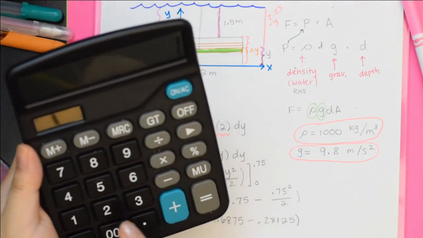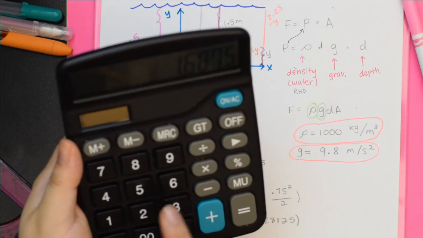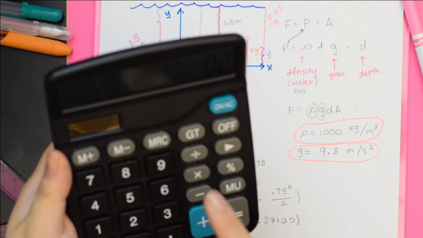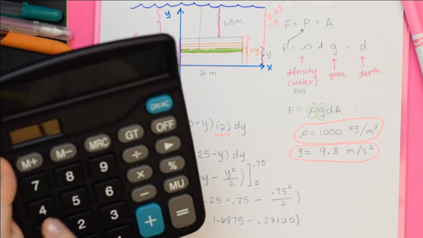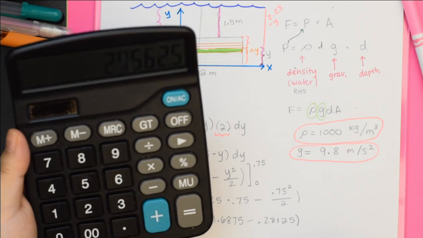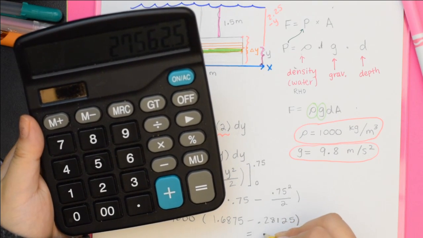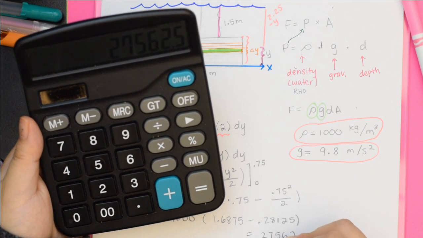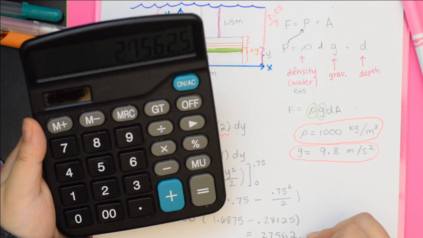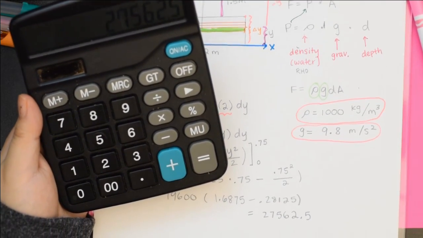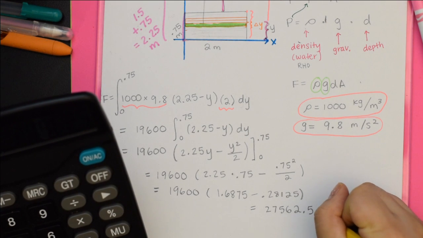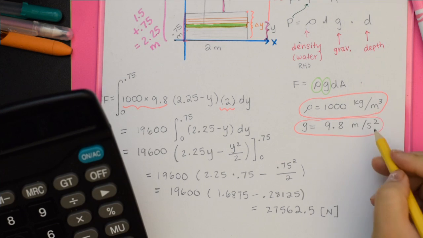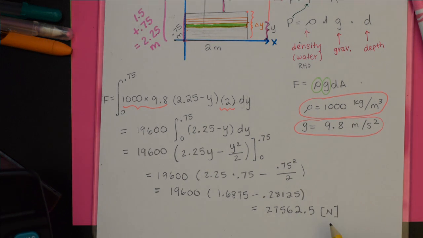So then 1.6875 minus 0.28125 is that, times 19600. So I get 27,562.5. And since we're talking about force, the units would be newtons here with kilograms and meters, so newtons, I believe.